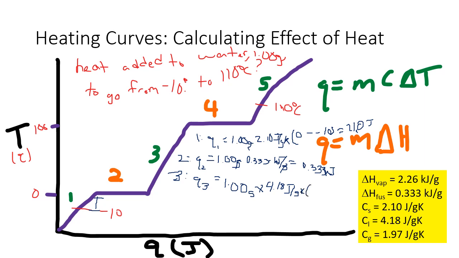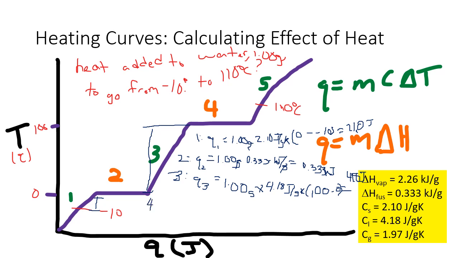Now, our temperature change, we're going up from here to here. So that is going to be 100 minus 0. When we take 100 times 1 times 4.18, we get 418 joules.